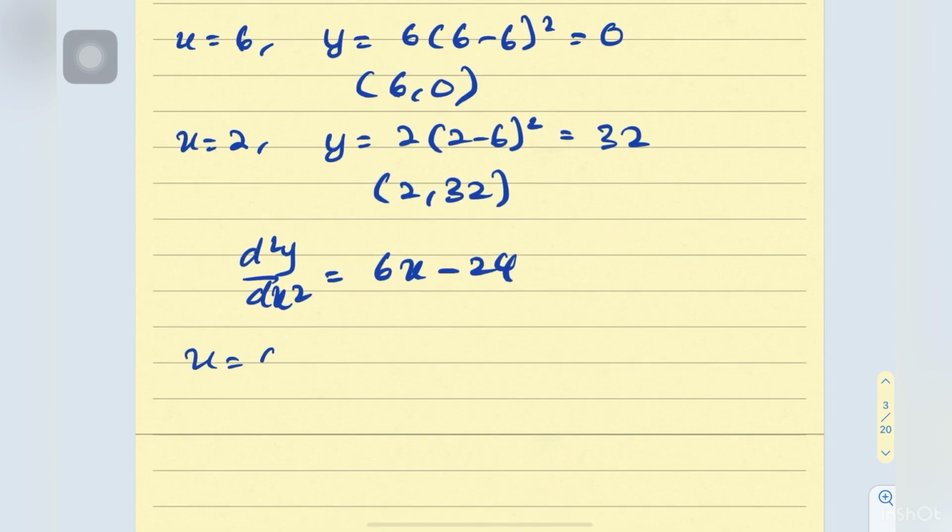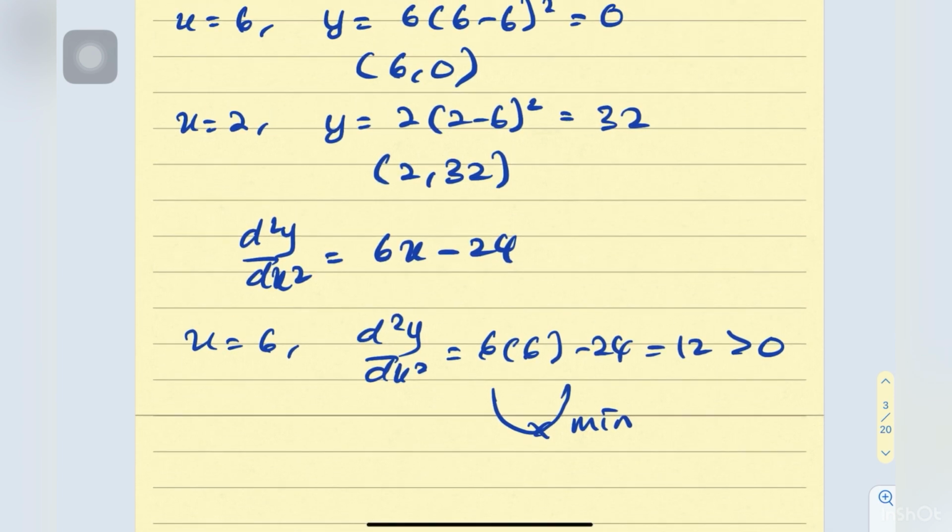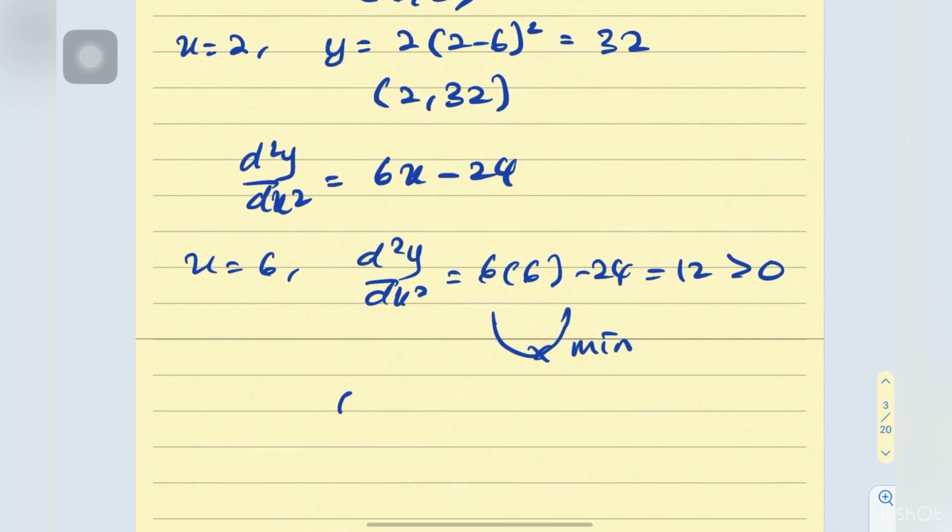When x equals 6, d squared y/dx squared is 6 times 6 minus 24, 36 minus 24 is 12. 12 is more than 0, so minimum. Therefore the coordinate (6, 0) is a minimum point.